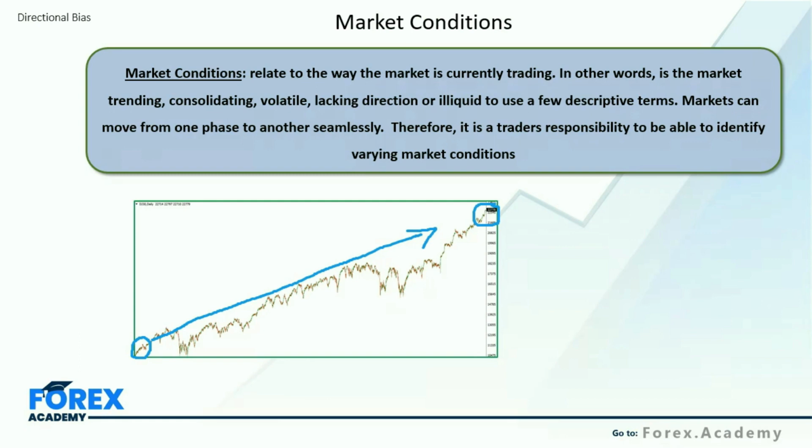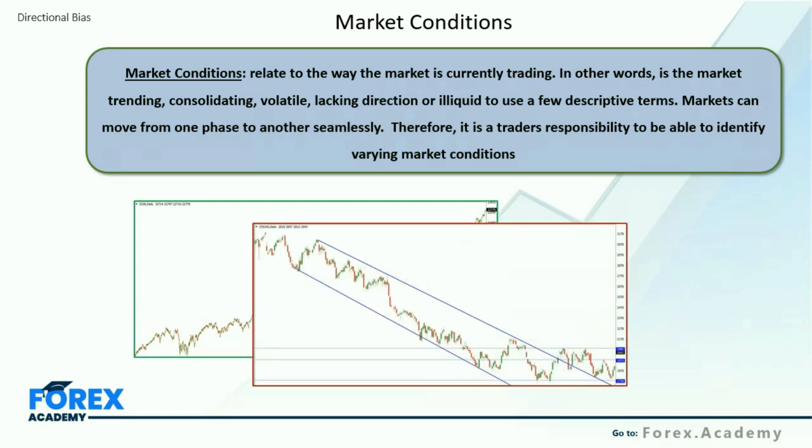So if I take this off the page, we'll look at the second example now. This too is a trending market. However, we are trading this market from top left, as you can see, to bottom right. So on this occasion, it's a trending market, but the directional bias, without a doubt, is to the downside until you get to these lower levels down here.